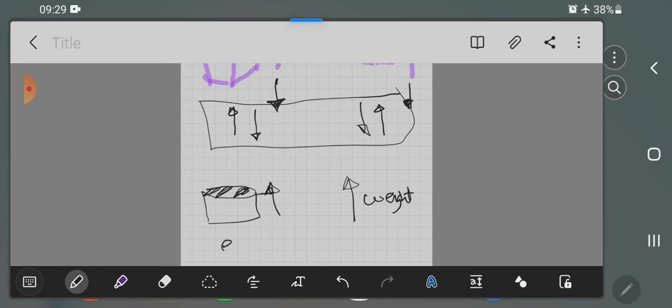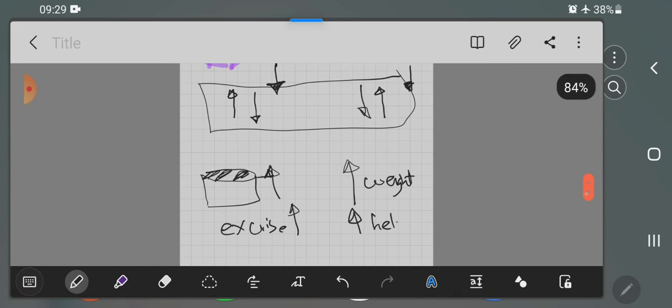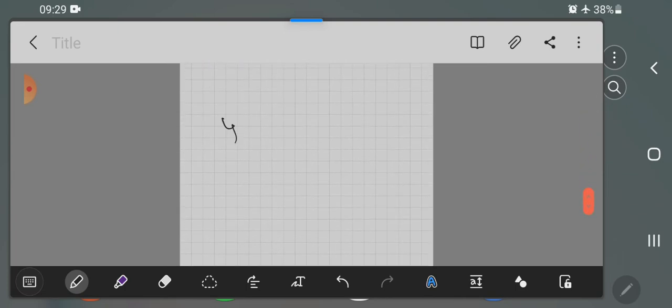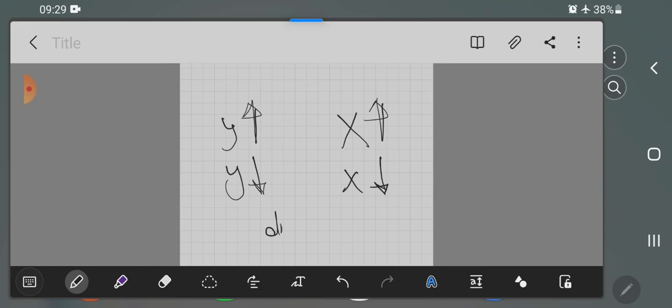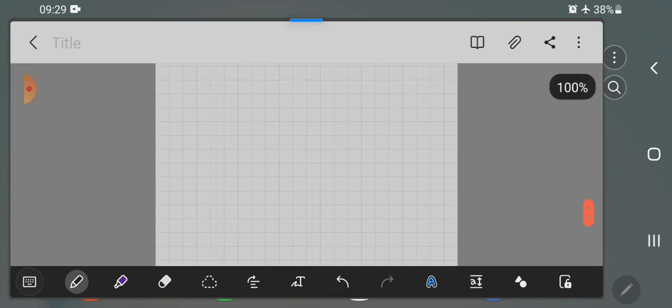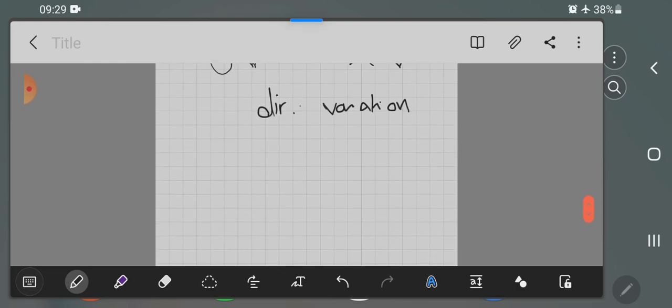If you do a lot of exercise, your health will increase or decrease? Will increase. So here in math, when you have y increase and x also increase, or y decrease and x decrease, this is called direct variation.